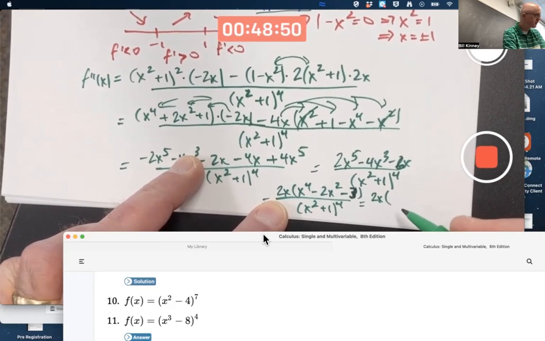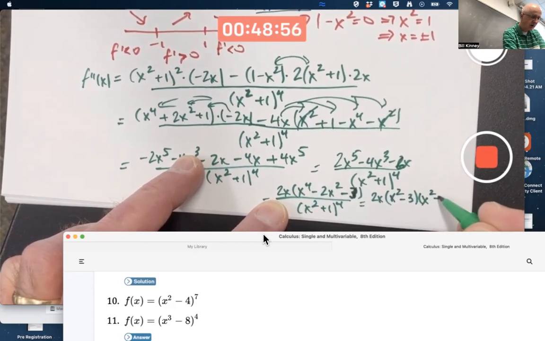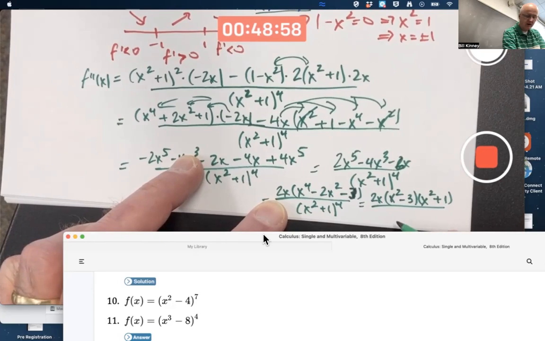But in general, you could use the quadratic formula. You could factor this as x squared -3 times x squared plus 1. All I'm doing effectively in writing that is treating the x squared like it's x to the fourth, and the x squared like it's an x. It's the same kind of method as usual with factoring.